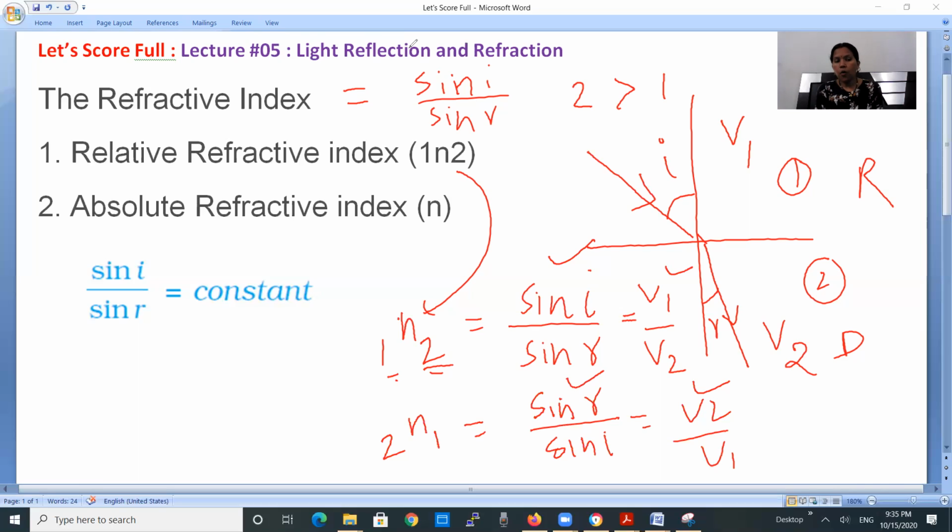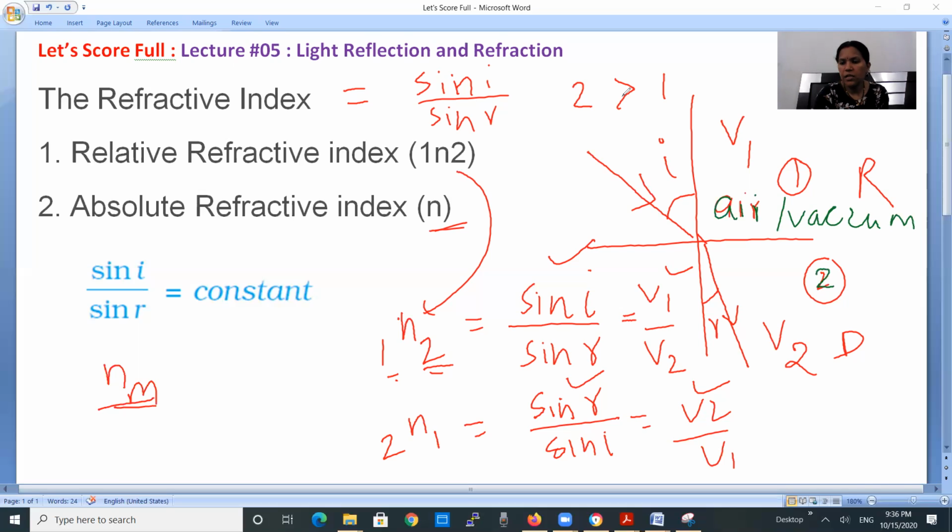So now what is absolute refractive index, which we simply denote n or sometimes like n_m, refractive index of a medium. If you take the first medium as air or vacuum, either you take air or vacuum and try to find out the refractive index of some medium.